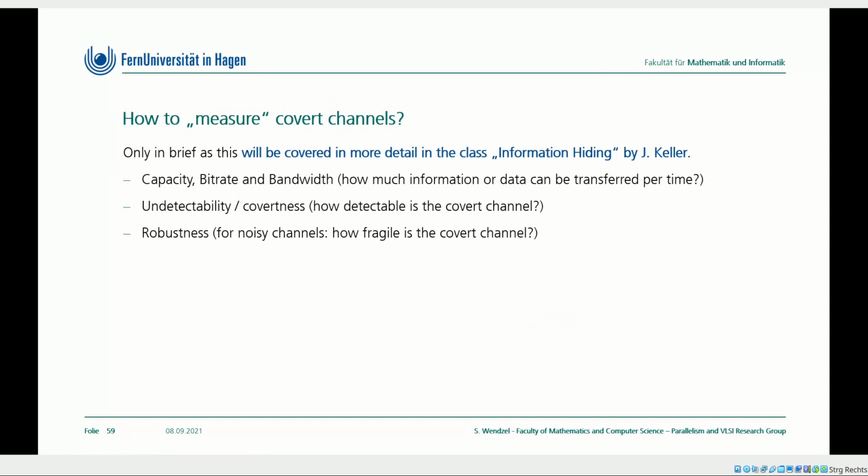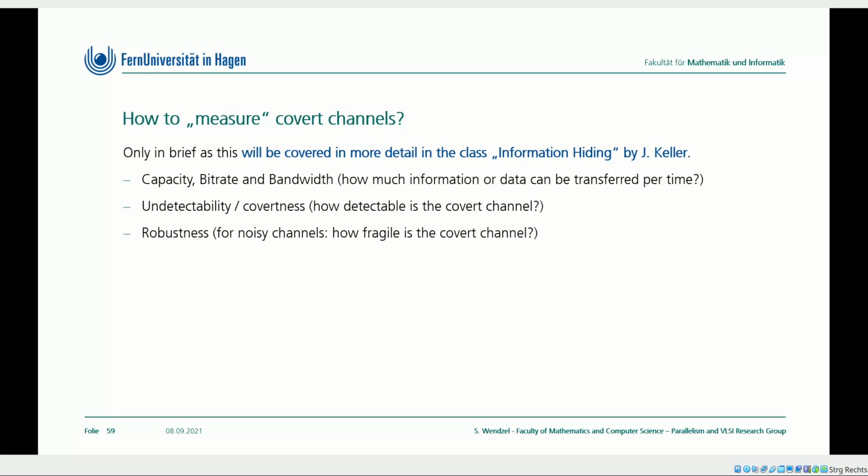Now, we know a few types of covert channels, but we also need to study how we can measure covert channels. I don't want to discuss all the aspects of measuring covert channels here, because this will be covered in more detail in the class Information Hiding, the other part of this module, which is taught by Professor Keller.